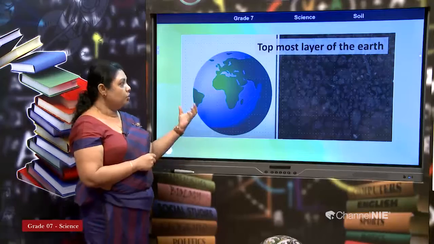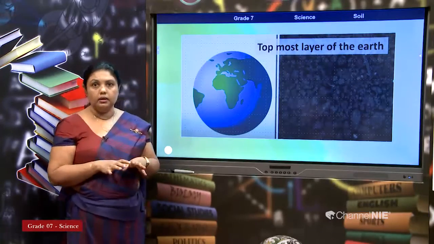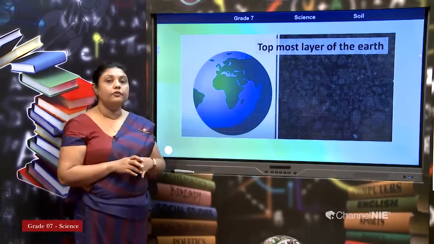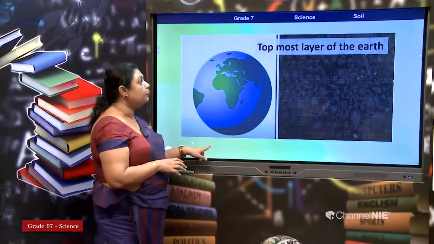That is why we can grow anything anywhere in our country. With water or without water, when it is full of nutrients, it is very easy to grow things. Anyway, throughout the earth, the uppermost layer is the soil.